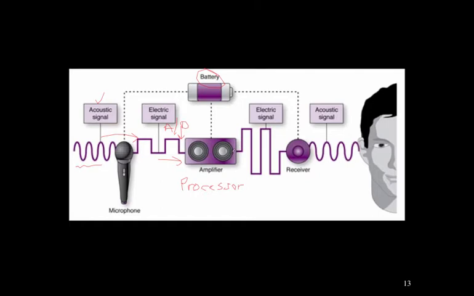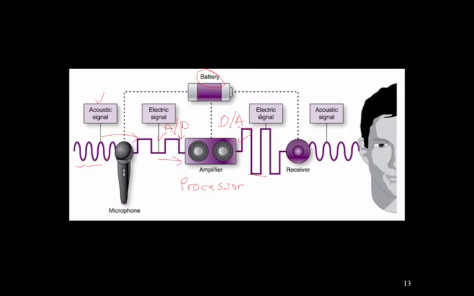At the output of the amplifier, if we think about it as an analog again, what you see now is a bigger signal, symbolic of energy having been added to the input electrical signal. Now it's a bigger electrical signal. In digital processors, there'd be a D to A converter here to convert from the digital code back into an analog code.